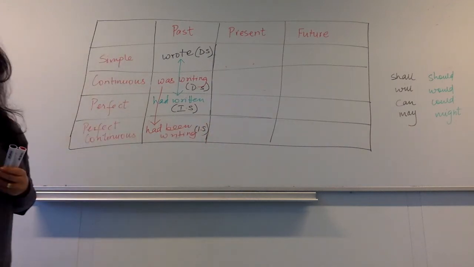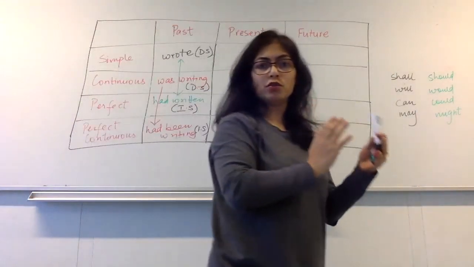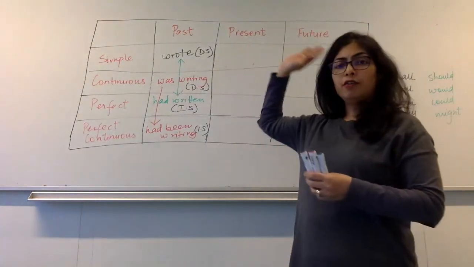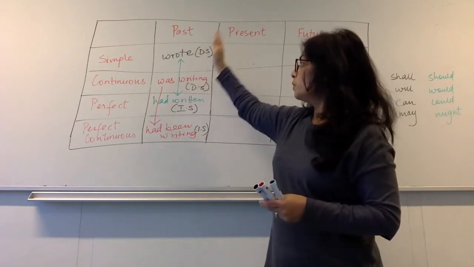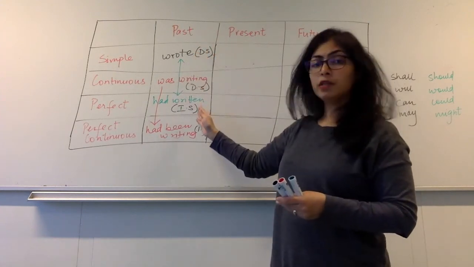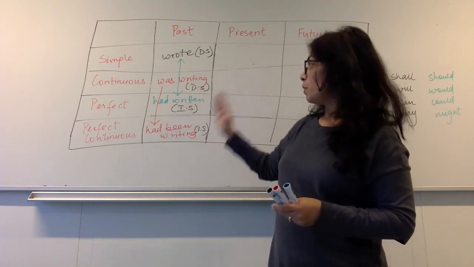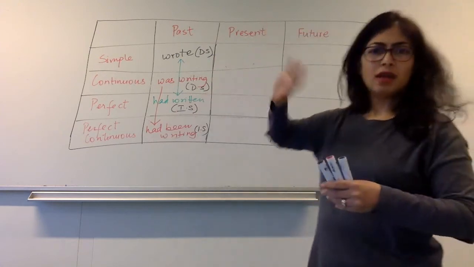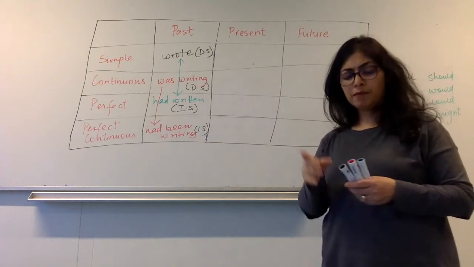This is rule number two. Rule number one was all present tenses are converted to the corresponding past tenses. Rule number two is if you already have the past tense in the direct speech, then the past simple is converted to the past perfect in the indirect speech, and the past continuous is converted to the past perfect continuous in the indirect speech. All right. If it sounds a little confusing, play this video again or ask me questions, I'll clear it.